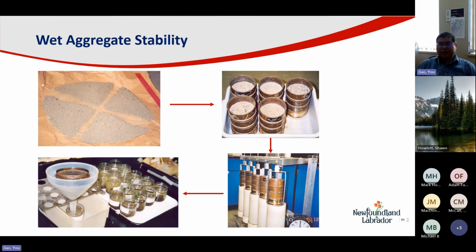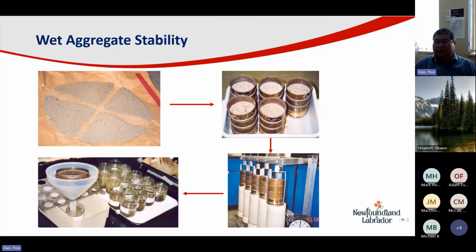If everything has disappeared, like just sand particles, that means you don't have much aggregate stability. If after soaking with water we still have quite a number of aggregates staying on top of the sieves, that means we have good aggregate stability.